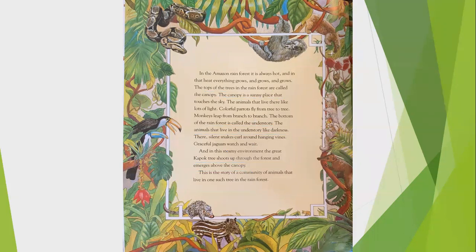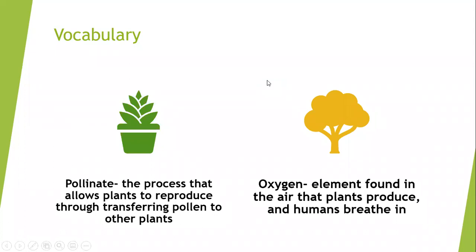All right, let's go ahead and move on to some other important vocabulary words. Other than the words canopy and understory, we have two other important words for this story. Our first word is pollinate. What's our word? Pollinate.